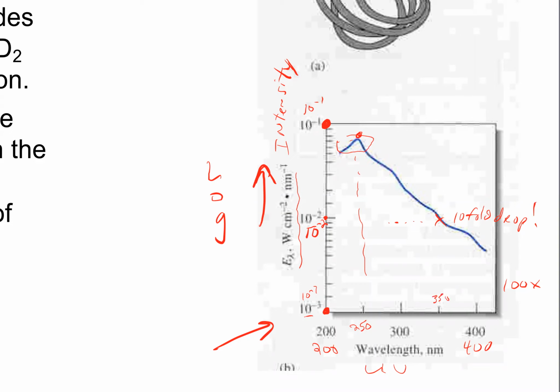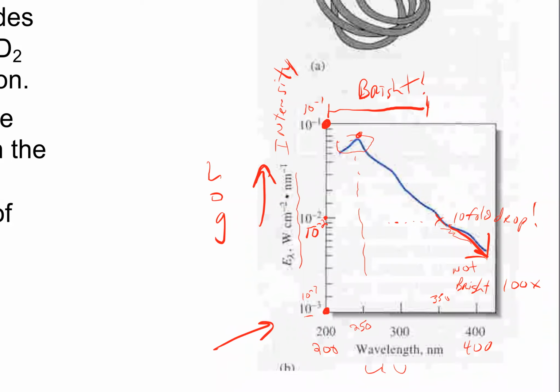Now, we're still getting some light from 350 to 400 nanometers, but boy, the intensity is really dropping very fast, isn't it? It's not so bright out here once we start getting near the visible portion of the spectrum. But it is quite bright here, from maybe 200 to 350 or so.